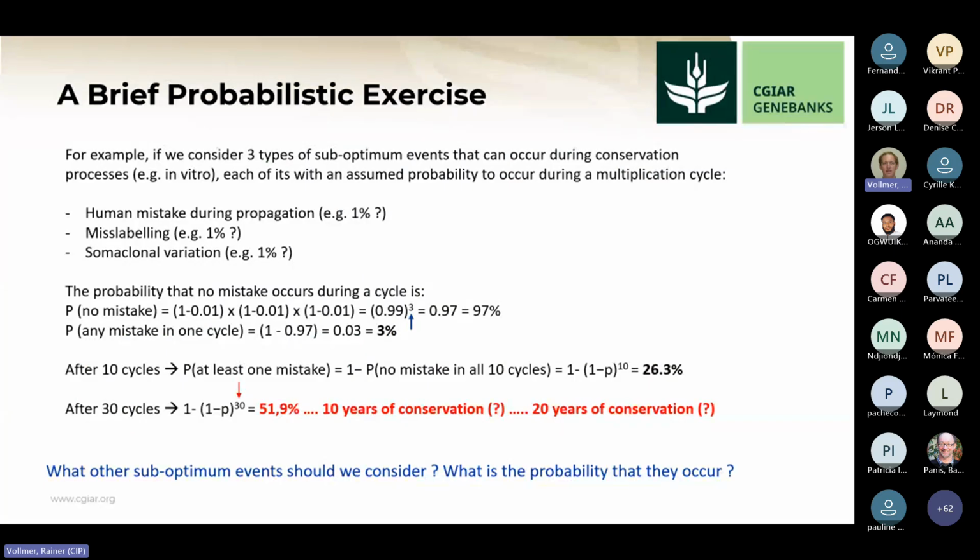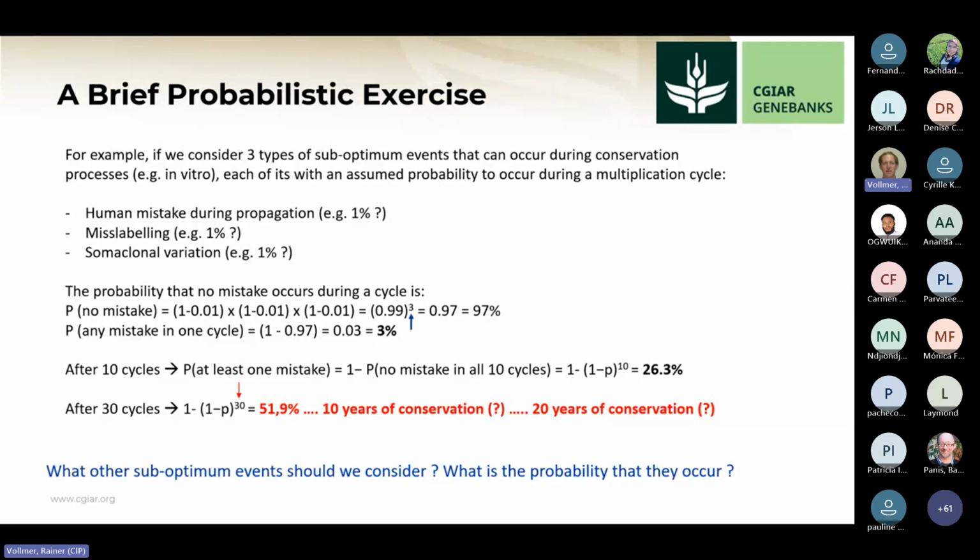Therefore I would like to present you a short exercise that we would like to go through with you. Let's consider the following condition. We have a clonal crop in vitro, and we assume a probability for some negative events that could occur during a multiplication cycle. Of course, there's human mistake, there's mislabeling, and somaclonal variation. It's only 3, this could be much more, so it's only an example.